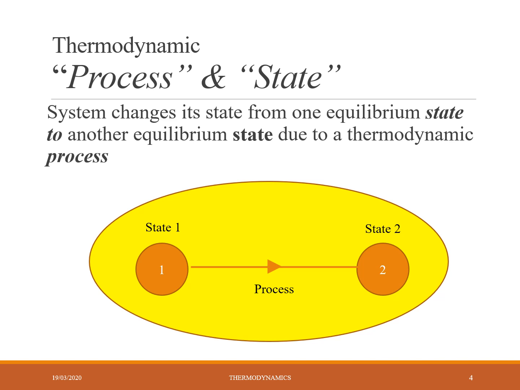Now we are going to define another two important terms, process and state. So system changes its state from one equilibrium state to another equilibrium state due to a thermodynamic process.